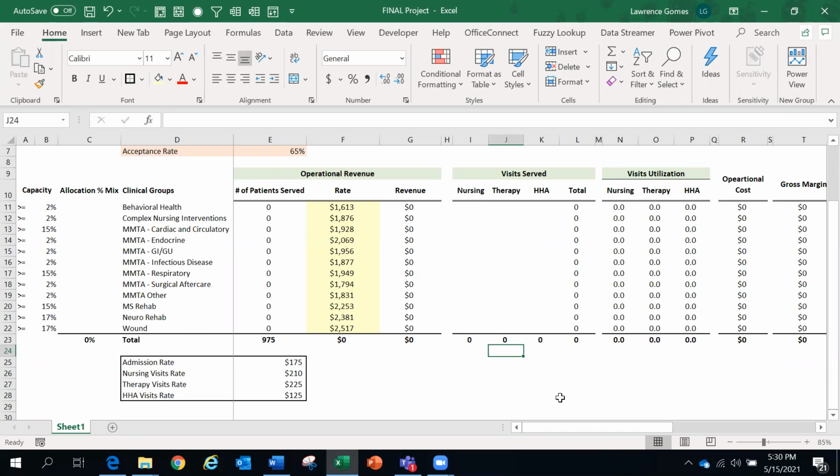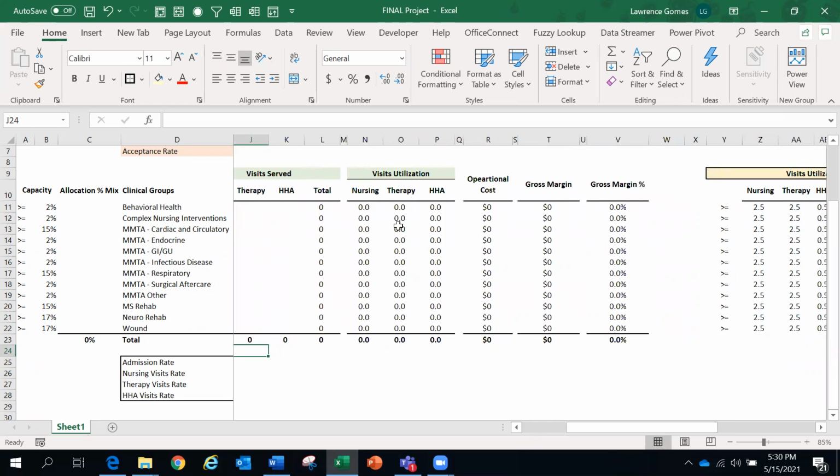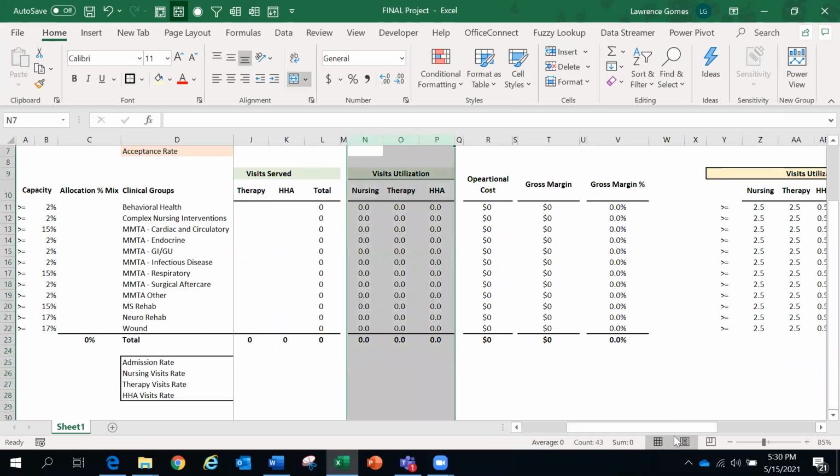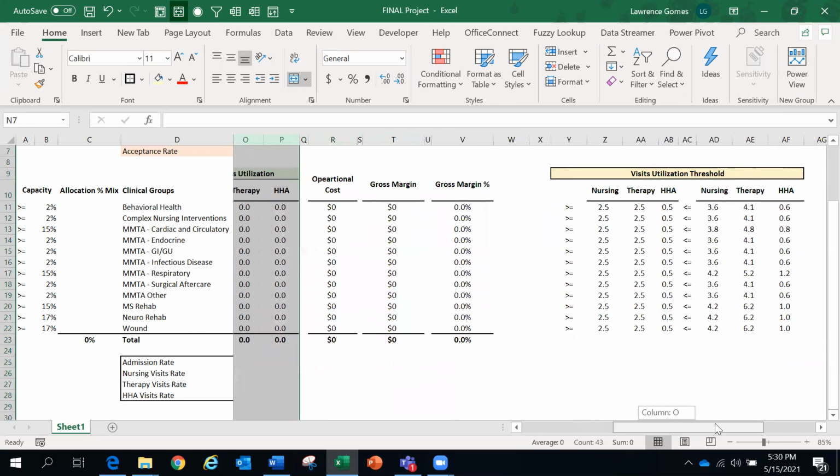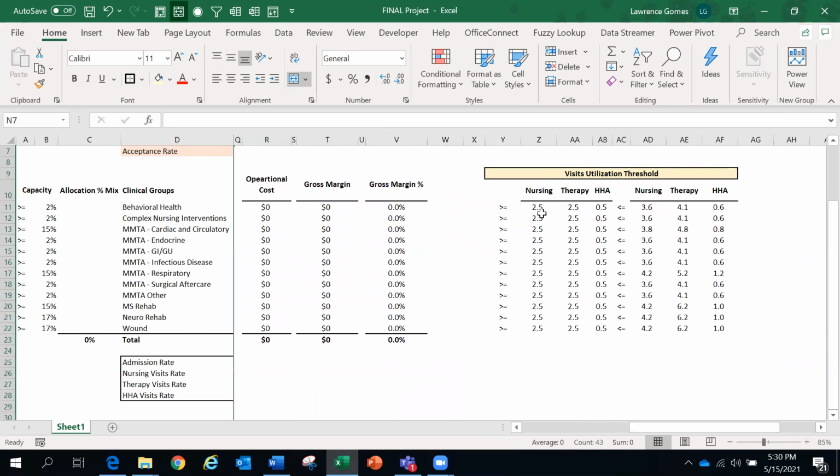Another thing before running the solver I want to mention is I have a visit utilization guidance. The visit utilization guidance is, for every admission, a nurse for the behavioral health group category will make from 2.5 visits to 3.6 visits.